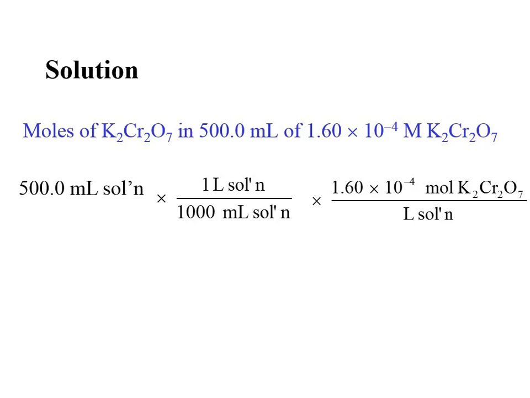And then milliliters of solution cancel, liters of solution cancel, and we're left with units of moles, which is what we want to know. So yeah, I guess it did say the diluted solution in a sense. Okay, so round it to 3 significant figures. 8.00 times 10 to the minus fifth moles of K2Cr2O7 was in that 2 milliliter aliquot.